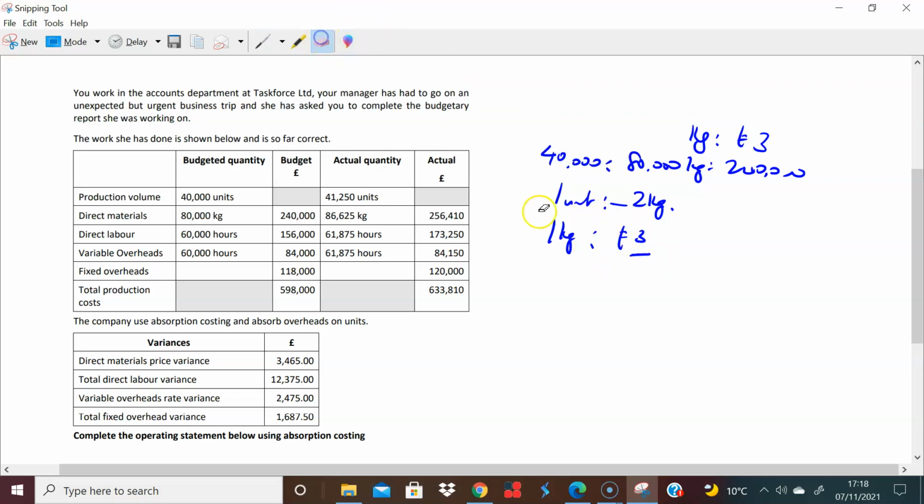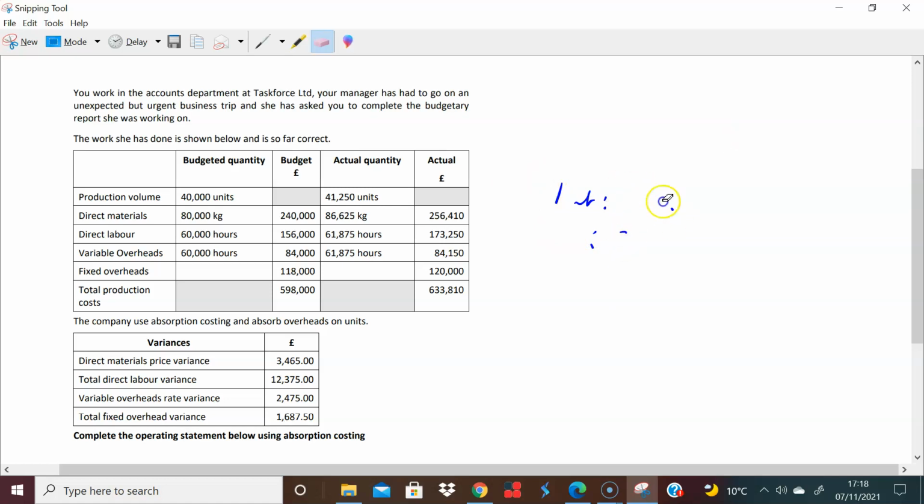Okay, I'm using this page, so I'm just going to keep giving myself space here. So I have this as my opening information. So let's plot our graphs. We have something that looks like this, and something that looks like this. Like I just said, we need 2 kilograms to make each unit, and it's £3 per kilogram. Remember, the focus is on inputs.